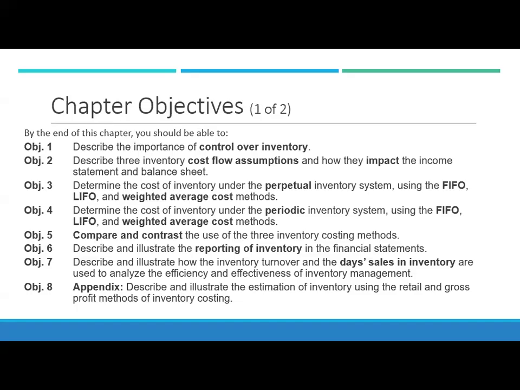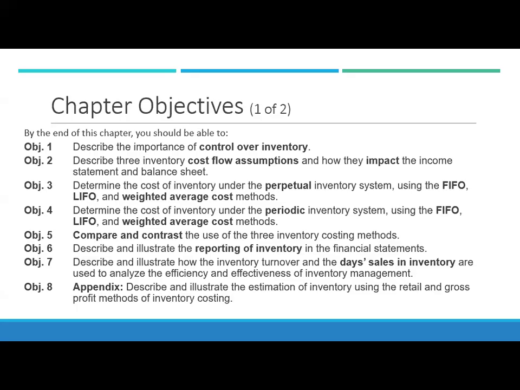and compare the three inventory costing methods and which will provide a higher net income or a higher ending inventory balance or a higher cost of goods sold in different scenarios, and talk about some of the reporting items of inventory on the financial statements, and then days sales and inventory turnover ratio.